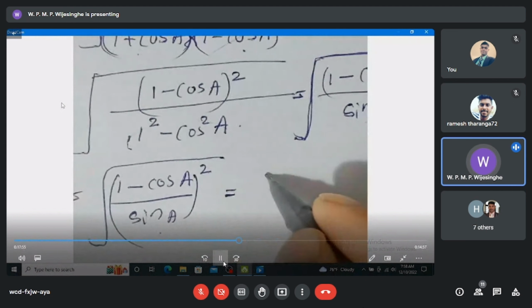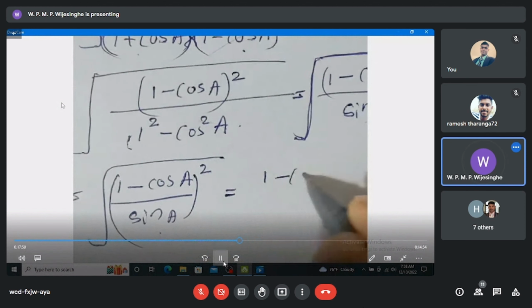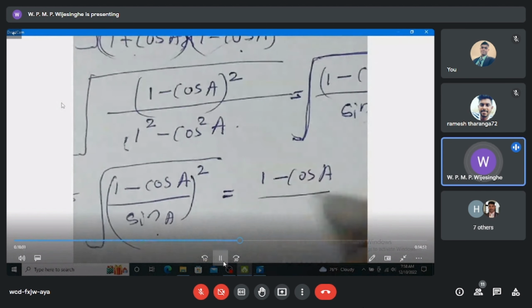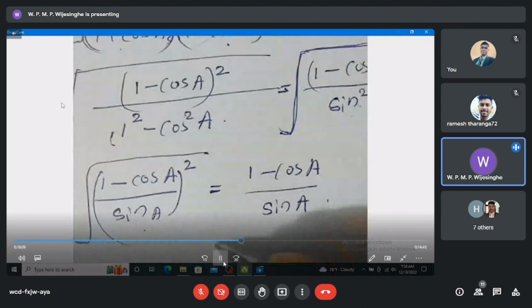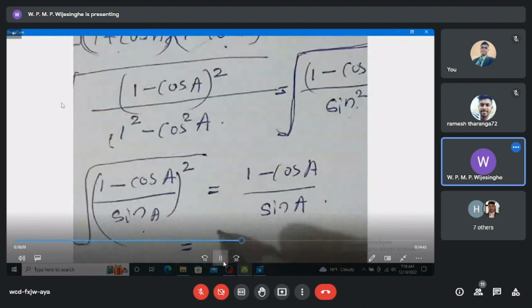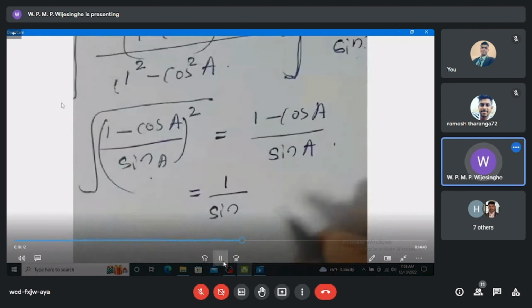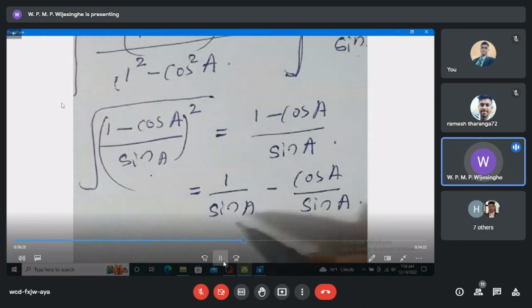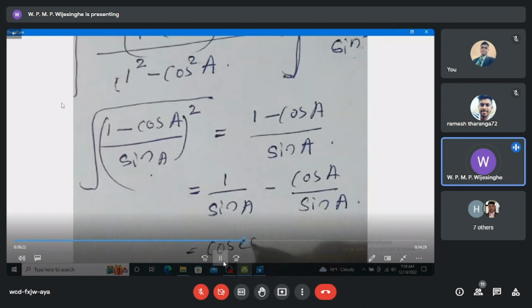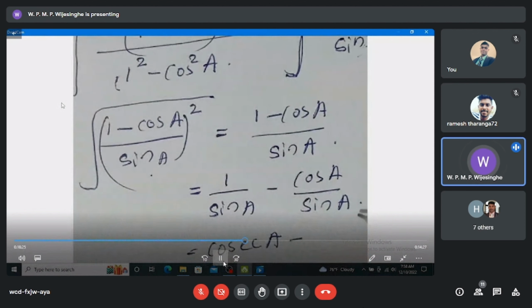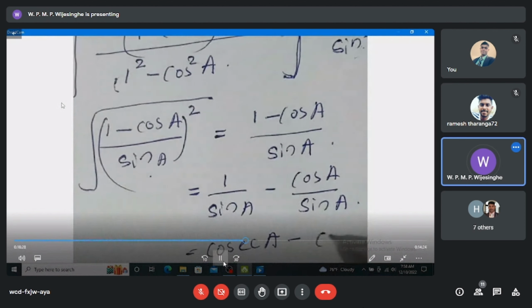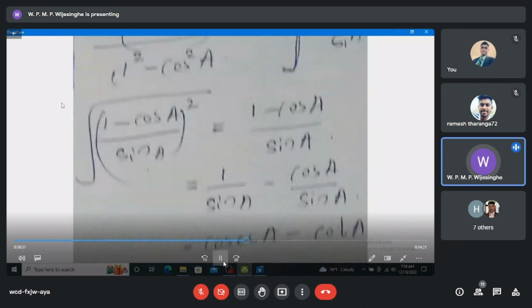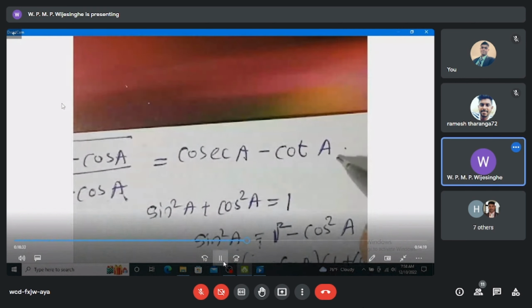Then 1 minus cos A divided by sin A. Next one, 1 over sin A minus cos A divided by sin A. You know 1 over sin A is equal to cosec A minus cos A divided by sin A. It is cot A. We got the right hand side here.